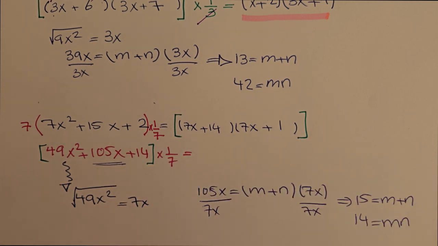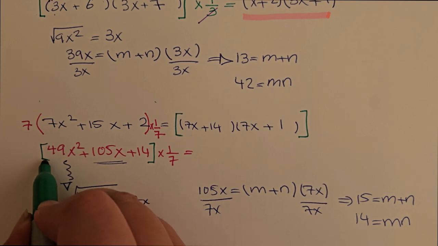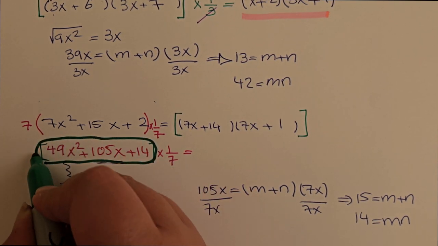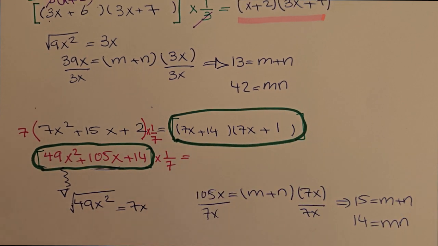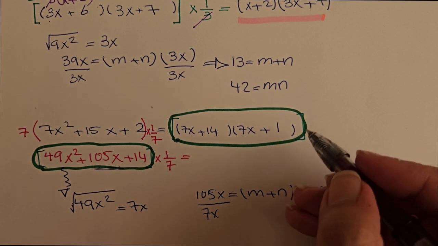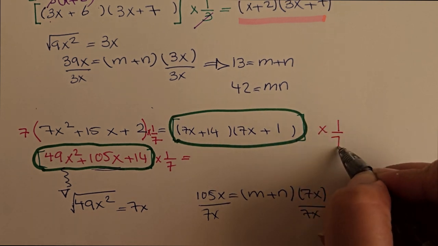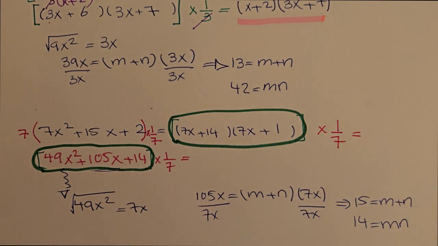So this thing here, let's not forget, is exactly equal to this one, right? So we still have to divide everything by 7 so that we get back our original expression.